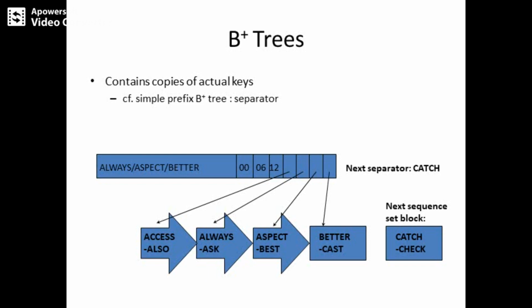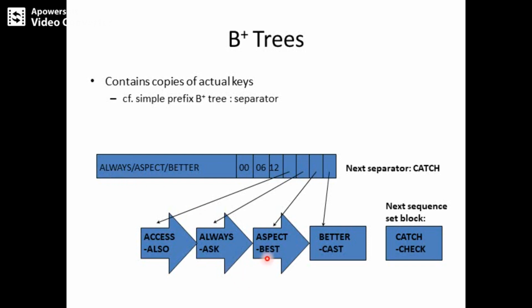Prefix in the sense only some characters of the key we are going to consider, we take the prefix and frame the separator. But here in the actual B plus tree, if you have these two blocks, consider also and always, right? In the simple prefix B plus tree we had taken ALW as a separator, but here we have taken the complete key ALWAYS as the separator.